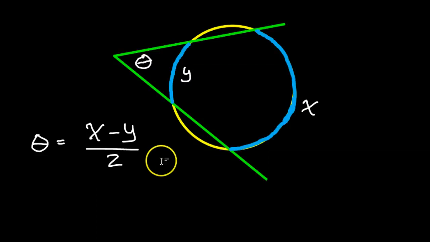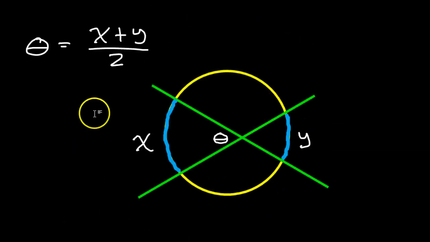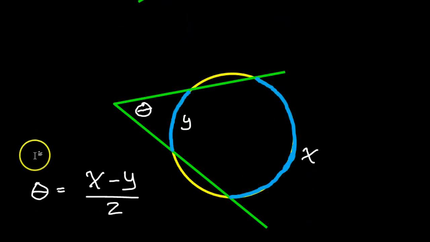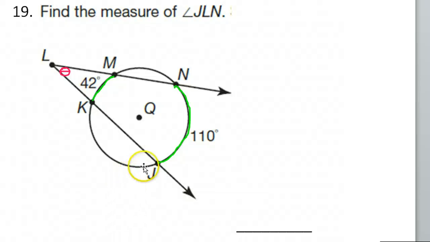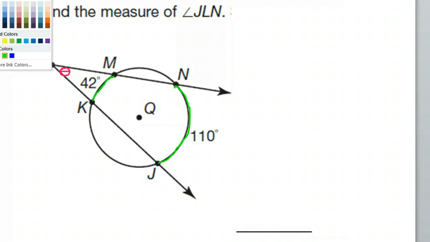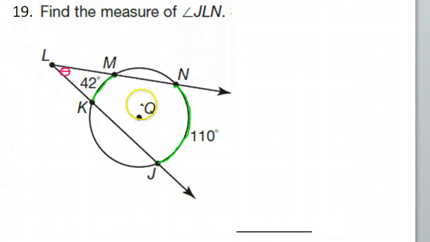That's this situation. It's a very similar formula, but this time angle equals arc minus arc divided by 2, instead of arc plus arc divided by 2. And it's important to do the big arc minus the small arc, so we don't get a negative number. So this will just be a straightforward application of that formula.